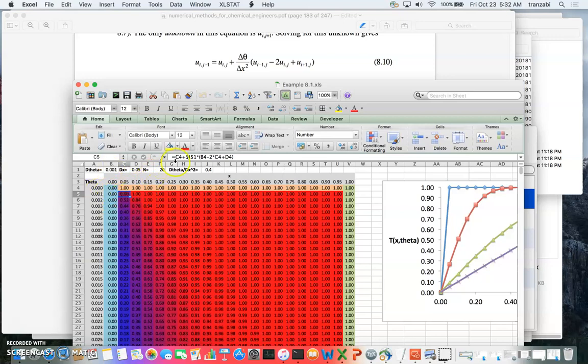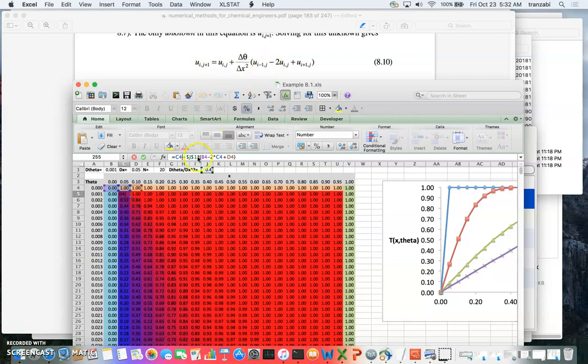Okay, for this cell, we have exactly this equation. So this is the previous temperature, right here, the blue cell, plus this delta T over del x squared, which I lump into this cell, which is delta theta over del x squared, so that's the green cell, times u j minus 1, which means the purple cell, previous row, right? We're looking at row j plus 1.